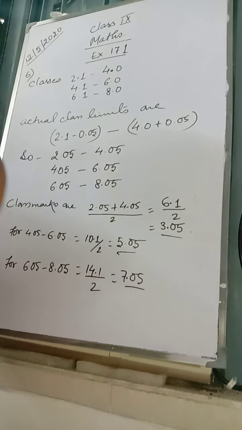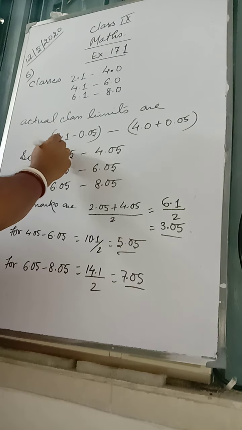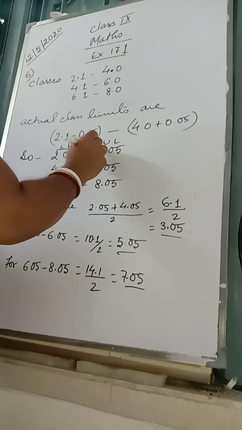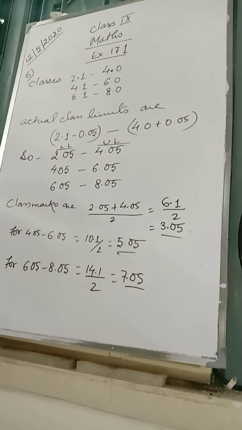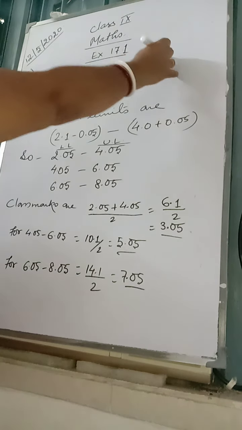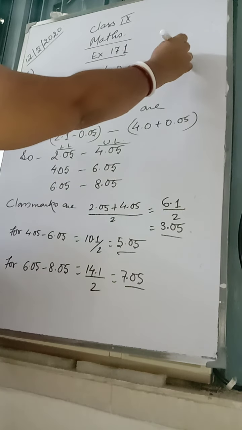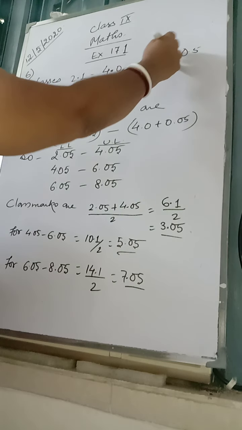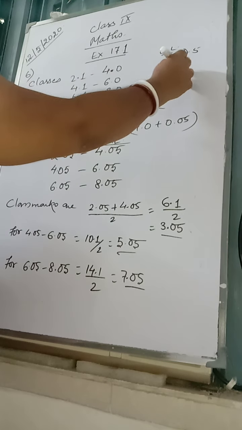These are the class marks and these are the class limits, lower limit and upper limit. You can write lower limit and upper limit also. Always keep it in mind, if we have a whole number, we subtract 0.5 from the lower limit and add 0.5 to the upper limit.